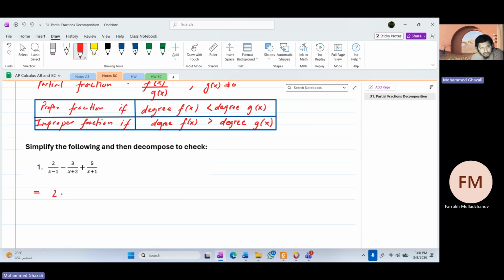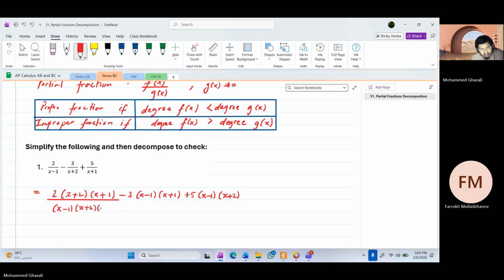So you'll be left with 2 into x plus 2, x plus 1, minus 3 into x minus 1, x plus 1, plus 5 into x minus 1, x plus 2. Right. And I'm going to write this over x minus 1, x plus 2, x plus 1.